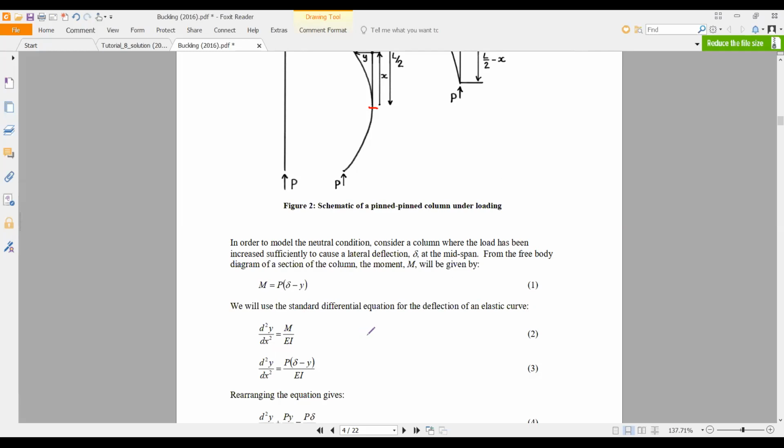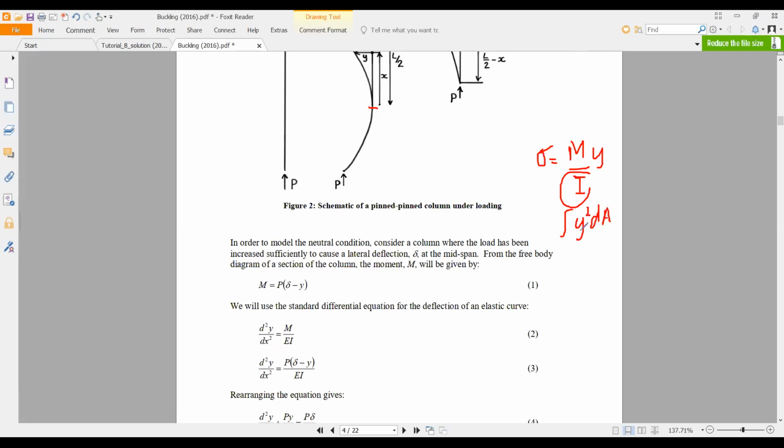You know the equation for sigma, and here I is the integral of y squared dA.